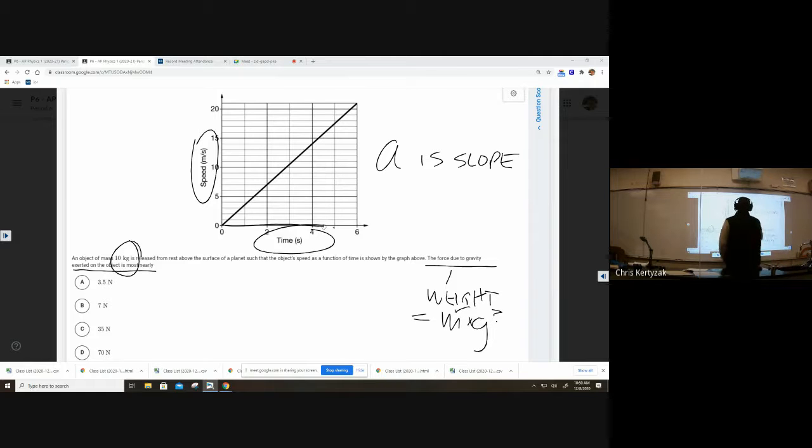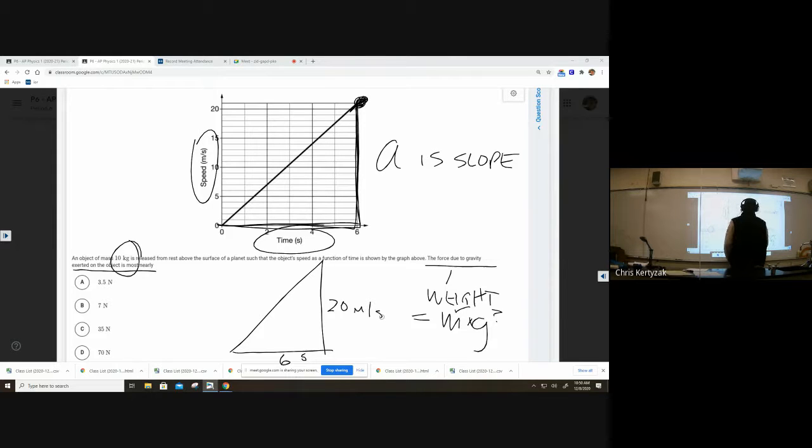So we just have to do a slope calculation. Let's pick the whole triangle because I can see that this goes right through the corner there, which is very easy to read. So I know that it's 6 seconds of motion, and it gained 20 meters per second of speed in that amount of time.